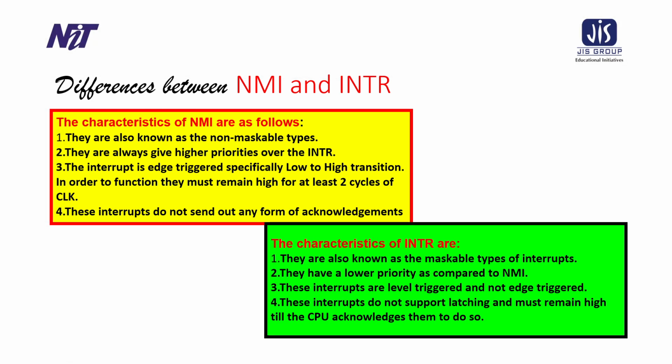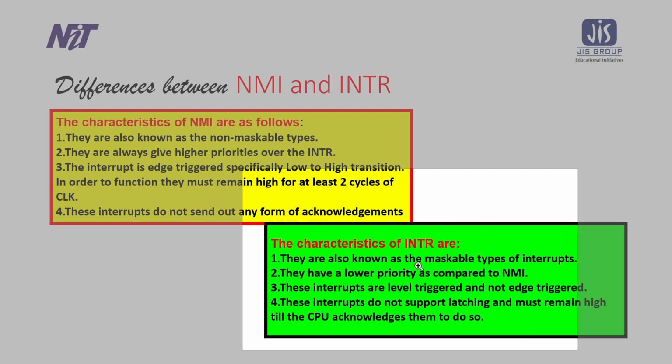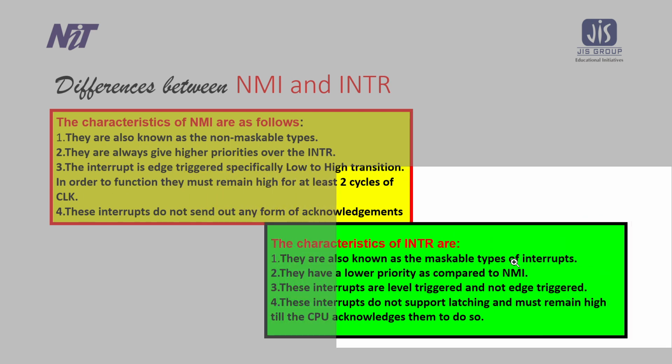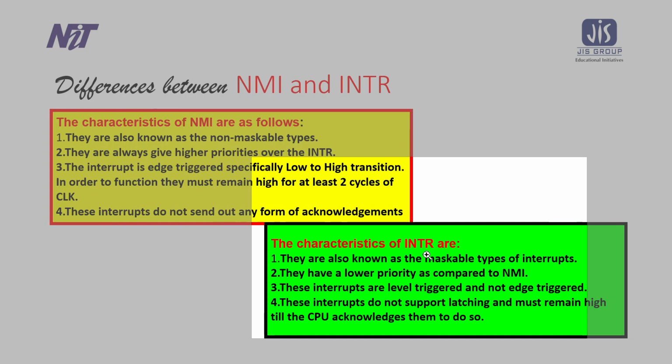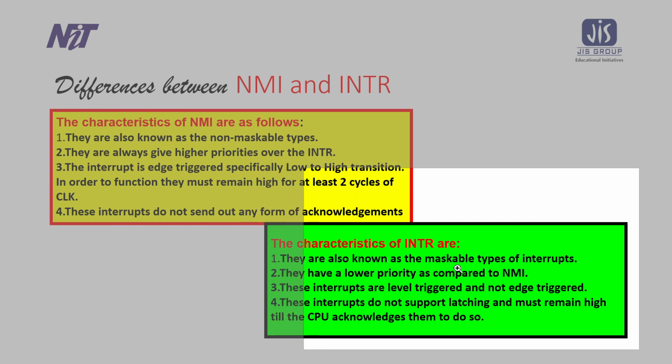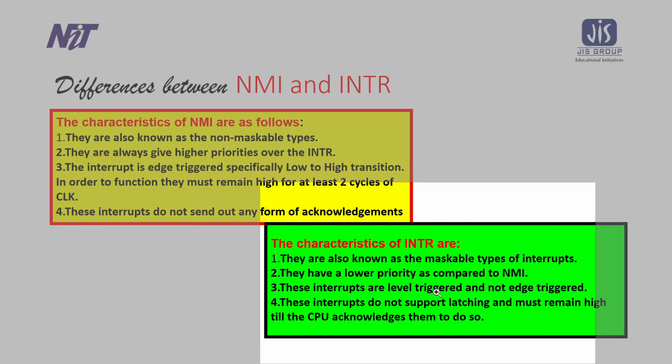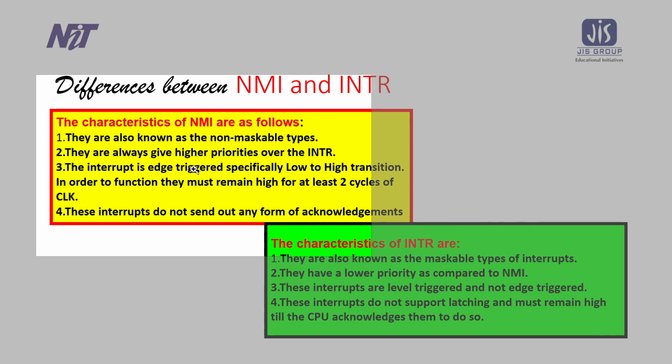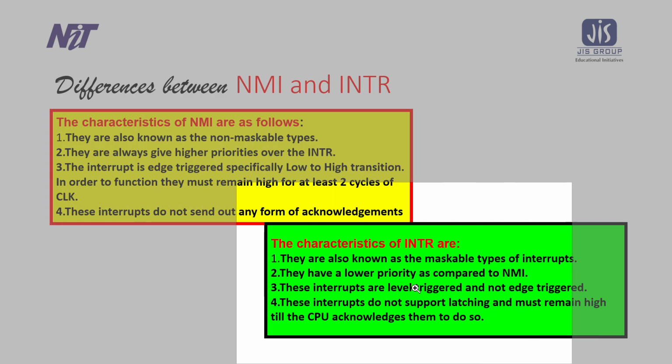Now, these are the characteristics of the INTR. They are also known as the maskable type of interrupts. So this is the non-maskable type, and this is the maskable type, that is a difference. They have lower priority compared to NMI. Here is the higher priority, here is the lower priority.